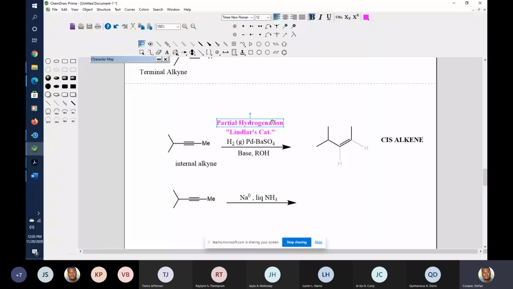All right. This falls again in this partial hydrogenation reaction. We'll talk about why this is partial shortly. This has a more technical name. People call this a dissolving metal reduction. I actually saw one of these done before, and this is kind of scary, but it's pretty cool too.